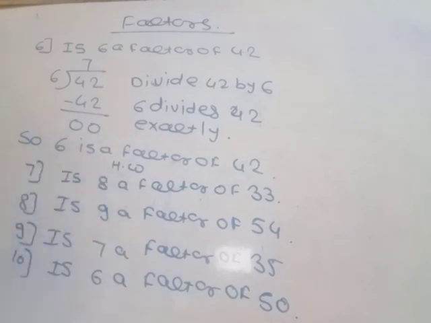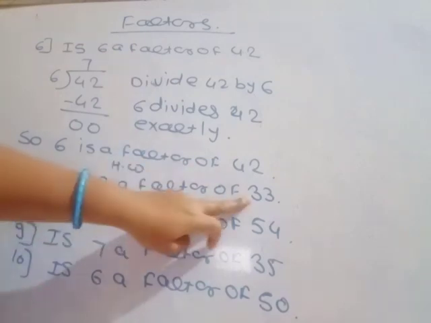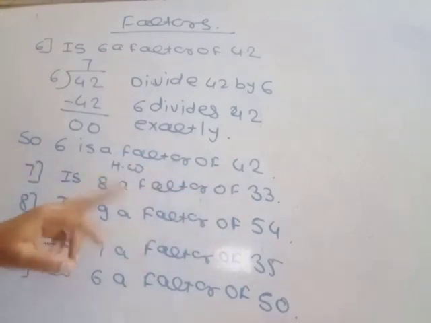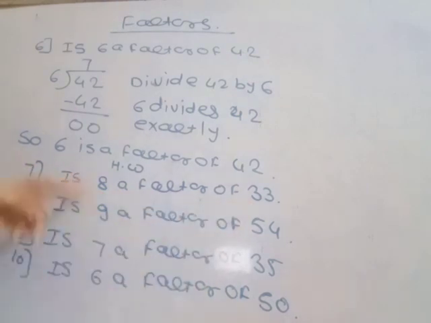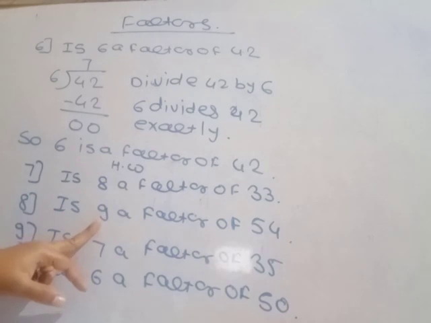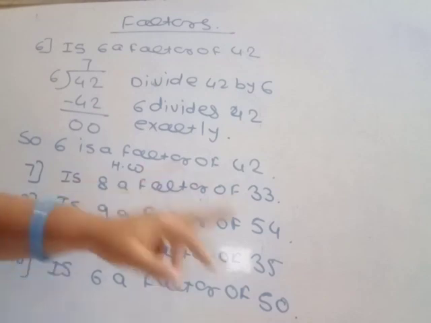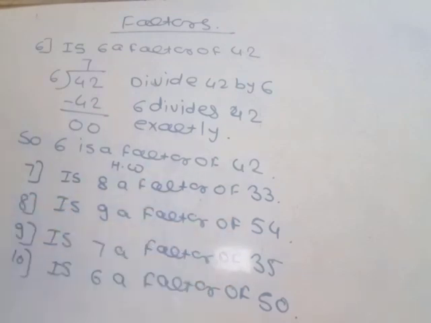Is 8 a factor of 33? 8 4s are 32, but here the remainder is 1, means 8 does not divide 33 exactly, so 8 is not a factor of 33. 9 divided into 54, 9 6s are 54, means 9 divides 54 exactly, so 9 is a factor of 54.